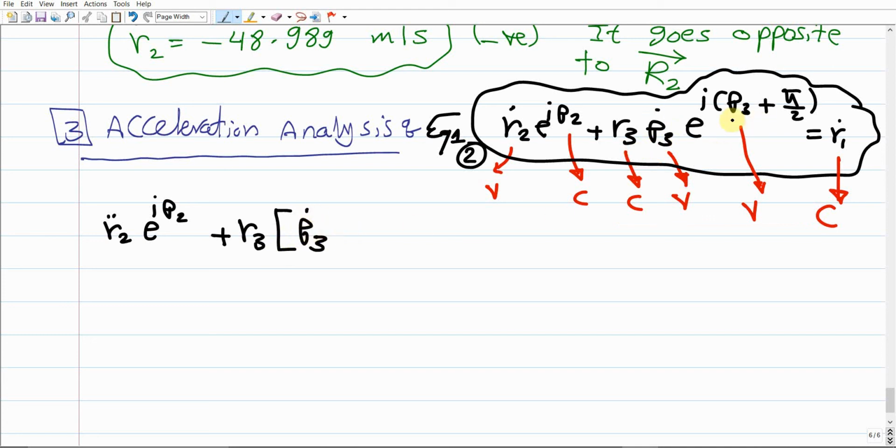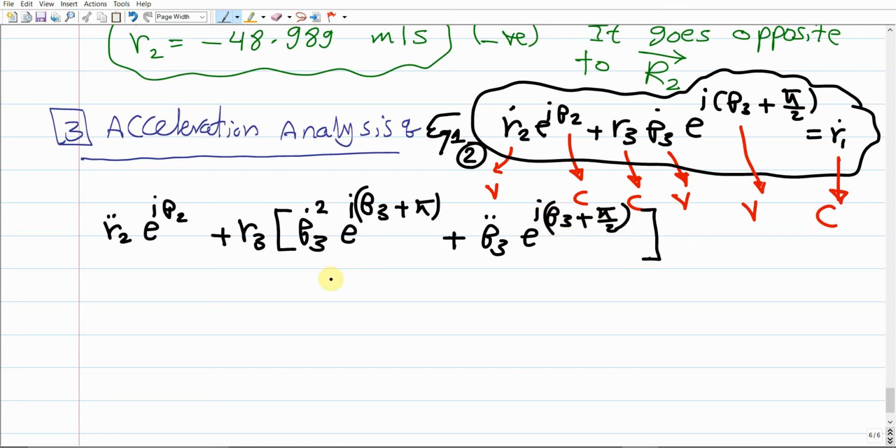The derivative of the exponential term gives us another theta 3 dot, so it will be squared, times e^(i theta 3). Then we add to the pi over 2 another pi over 2, so this gives us pi here. Make sense? Plus theta 3 double dot, because we differentiate this term and just carry on the exponential term at theta 3 plus pi over 2, and we close the square bracket.